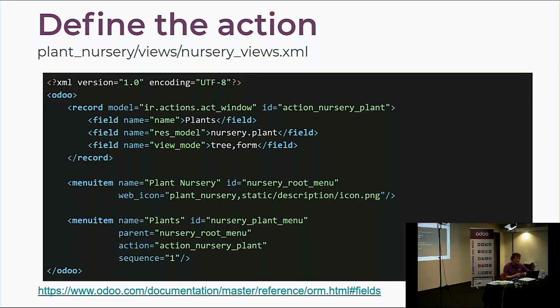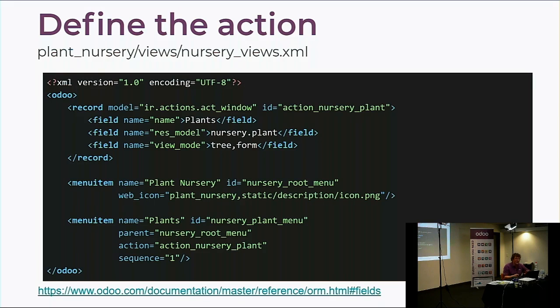Now that the models and the logic are defined in Python, and now that we have the security defined in the static CSV file, we have to define the remaining static data in XML. And as you see here, we define three things. An action to access the model. Note that ir.actions.act_window is a model as well as nursery plant, for example.